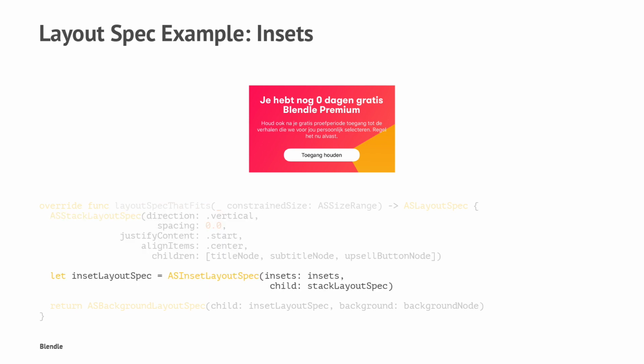We have the stack, and then we apply insets. We say, well, we don't care how big it's going to be, but there has to be at least a minimum amount of size on the left side, right side, bottom, and top side. And we add the stack layout spec as a child of the inset layout spec. And then we say, well, we want the branding shape to be visible behind the title, subtitle, and the button.